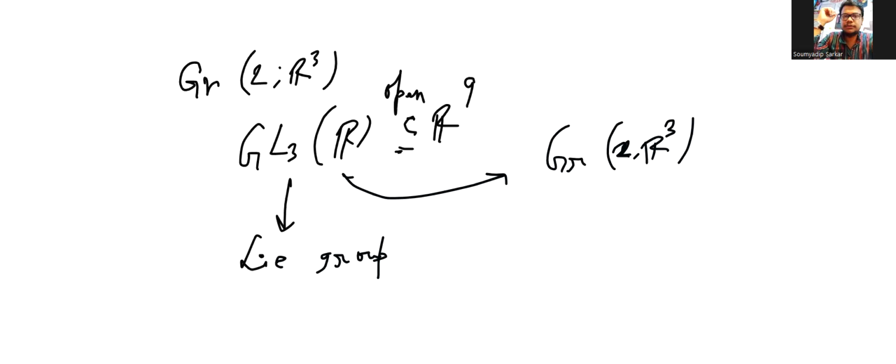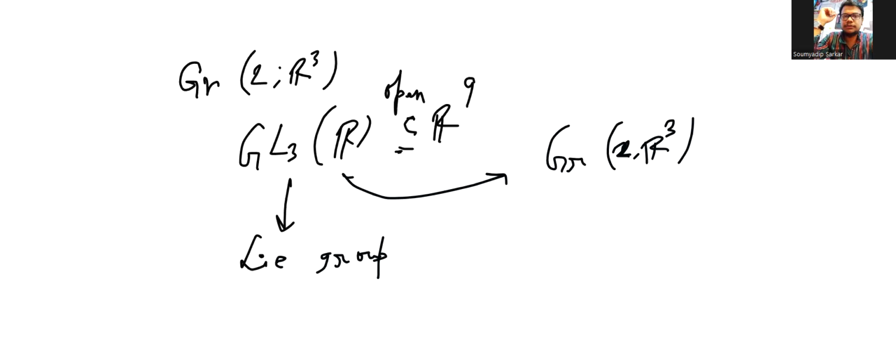So GL3R acts on GR23 transitively, and then you can look at the stabilizer. How to write down the stabilizer?